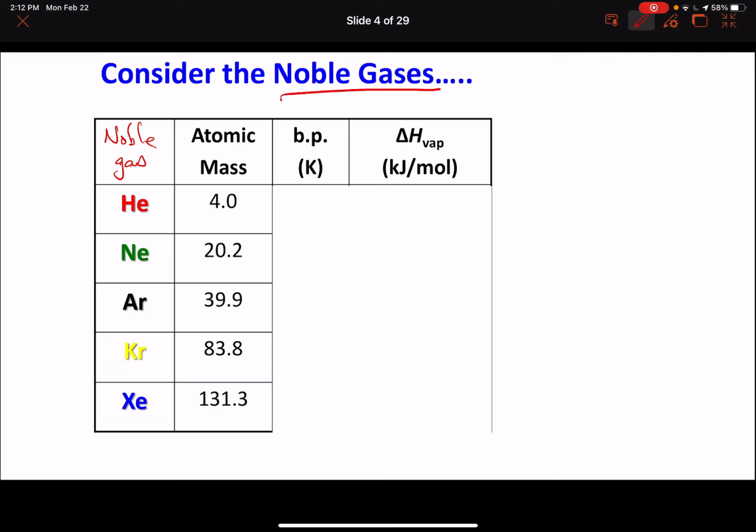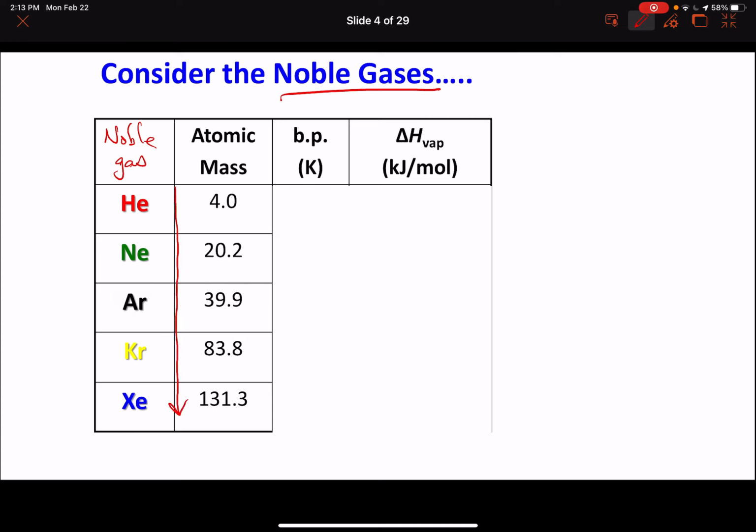Okay. The atomic mass, again, values extracted right from the periodic table, listed to only one decimal point, is listed right beside it. And we just saw how this might be analogous to the molecular mass of the alkane series on the previous slide. You can see here that as we go down the column, the molar mass is in fact increasing.